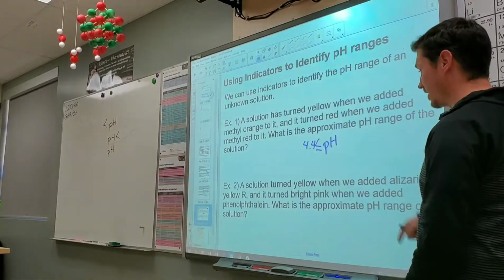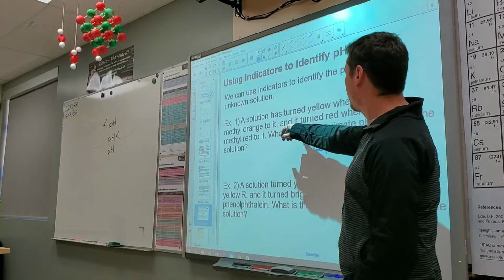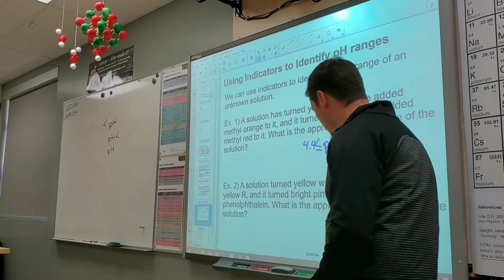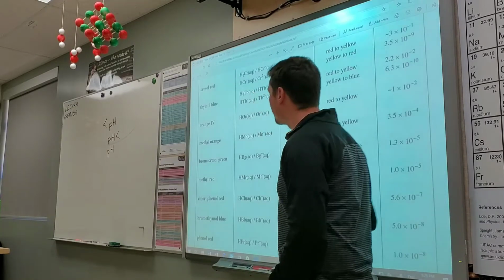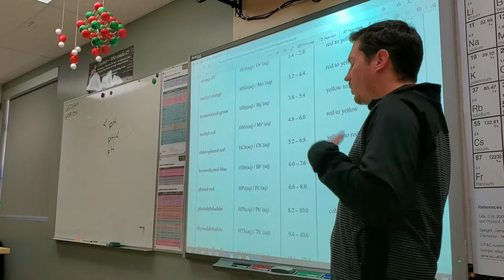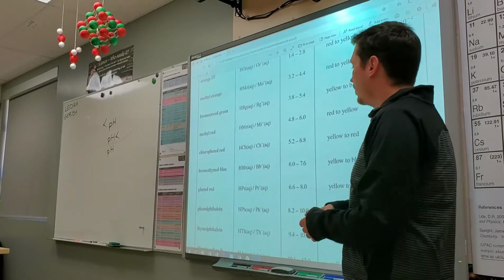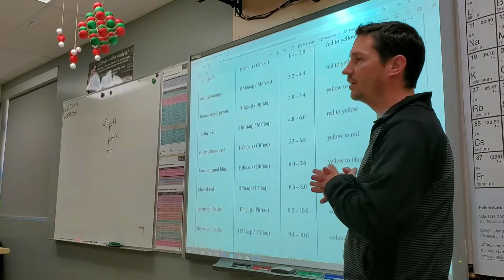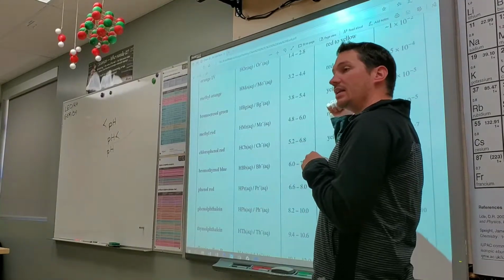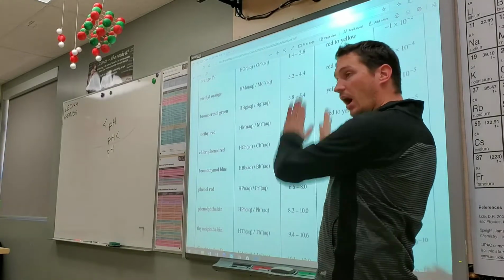It turned red when we added methyl red to it. So let's take a look at methyl red. What pH ranges can we be red for methyl red? 4.8. Can we be higher than that? No. So that's an upper boundary.